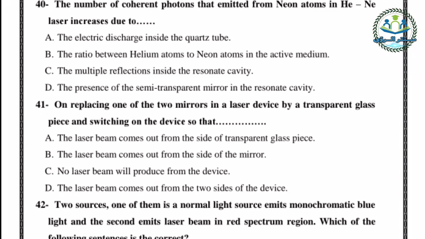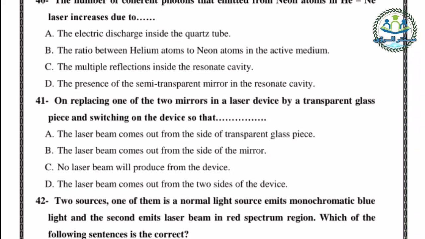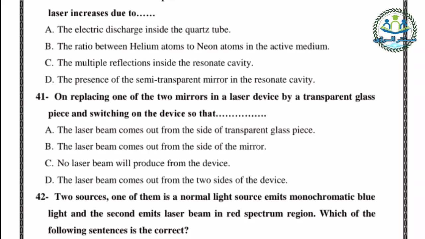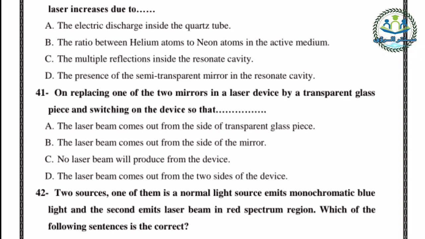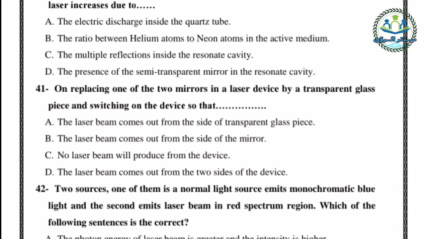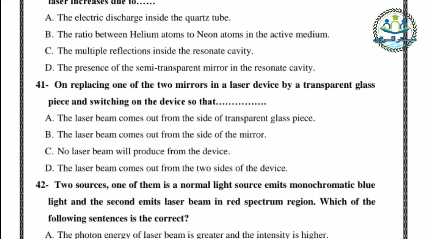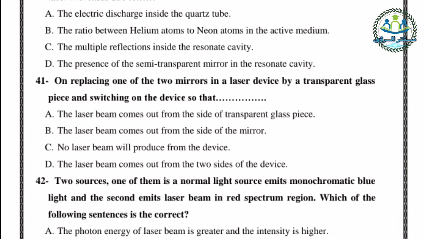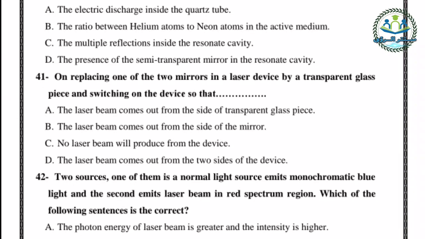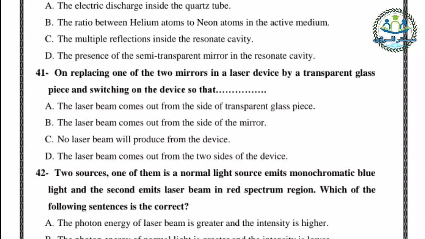B. The laser beam comes out from the side of the mirror. C. No laser beam will be produced from the device. D. The laser beam comes out from the two sides of the device.